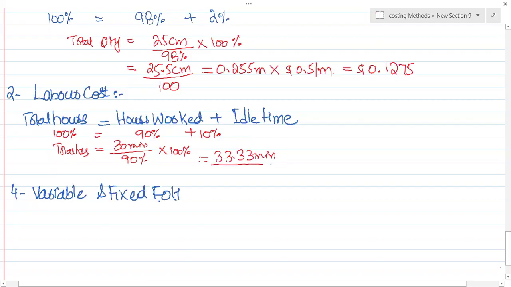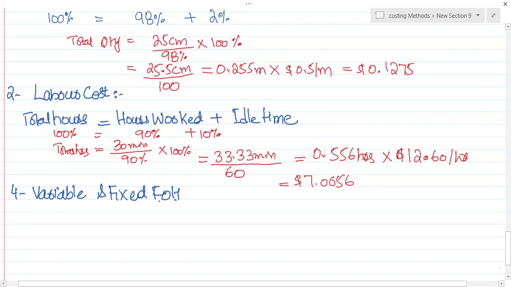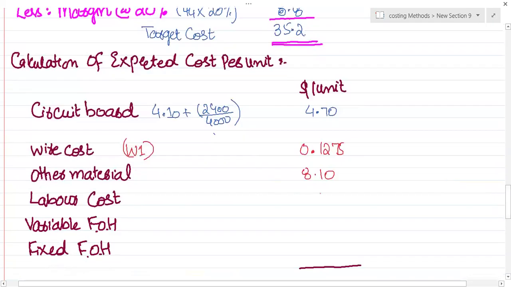Rate is given in hours, so I will convert it into hours, divided by 60. 60 minutes in 1 hour. That's why I will divide it and I will find the hours, that is 0.556 hours. And the rate per hour is 12.6 per hour. So you will get your labor cost 7.0056. This is your working.